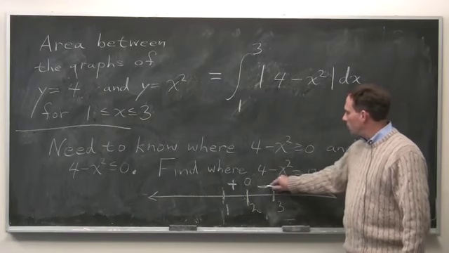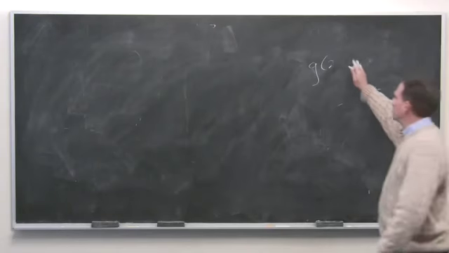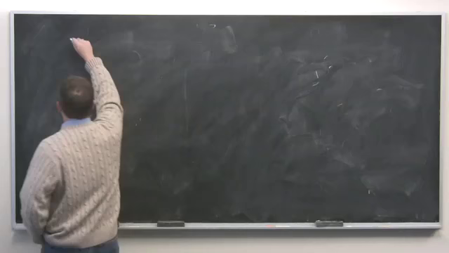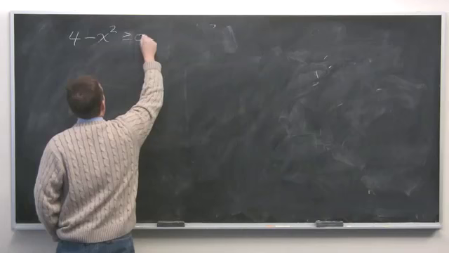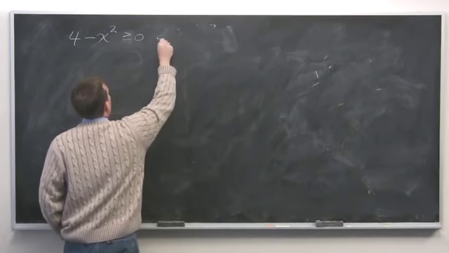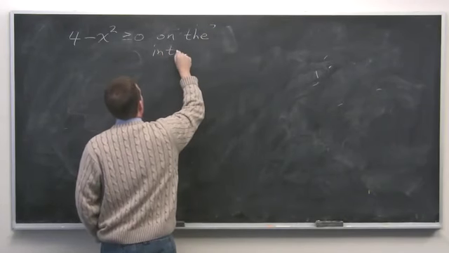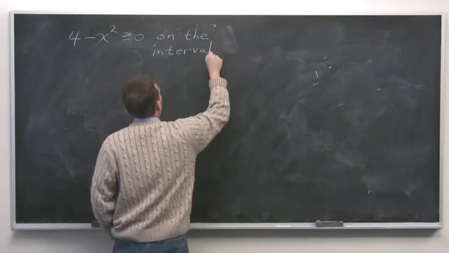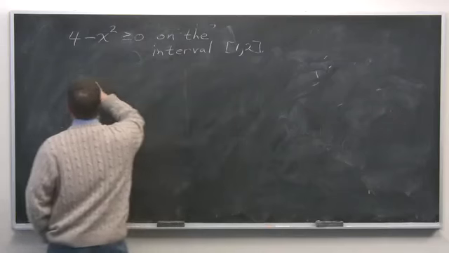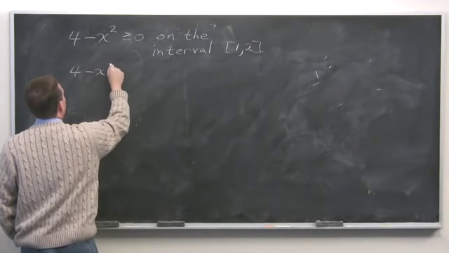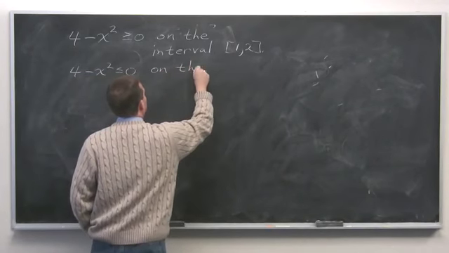All right, so what does that mean you do? We just found 4 minus x squared is greater than or equal to 0 on the interval from 1 to 2, and 4 minus x squared is less than or equal to 0 on the interval from 2 to 3.